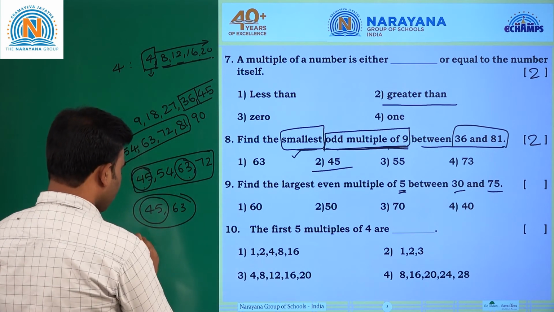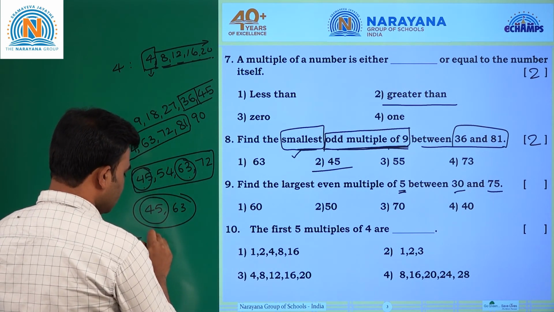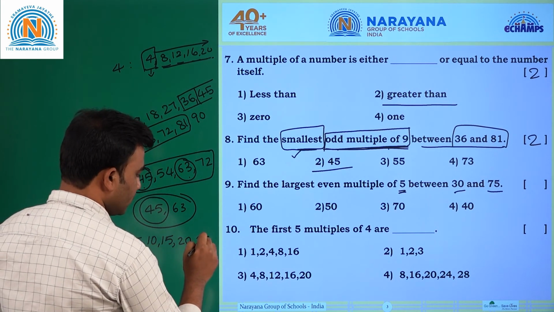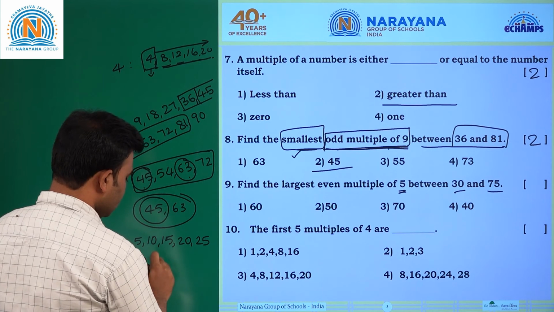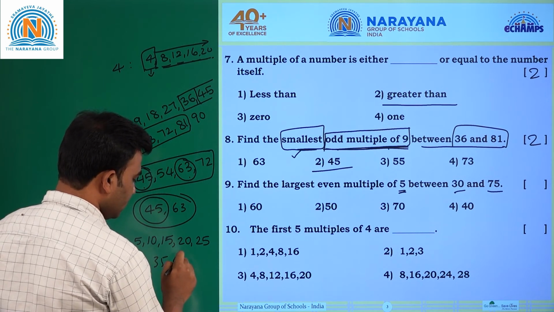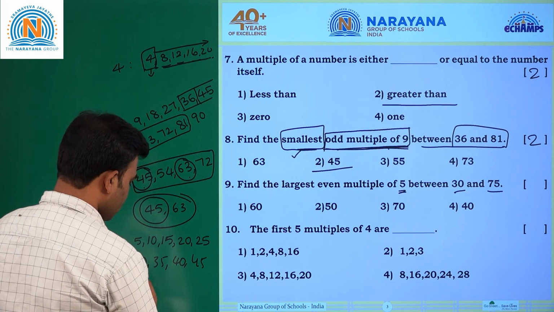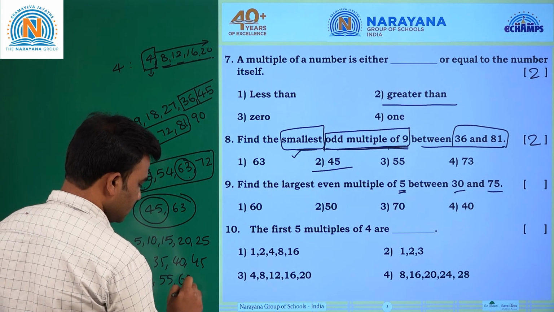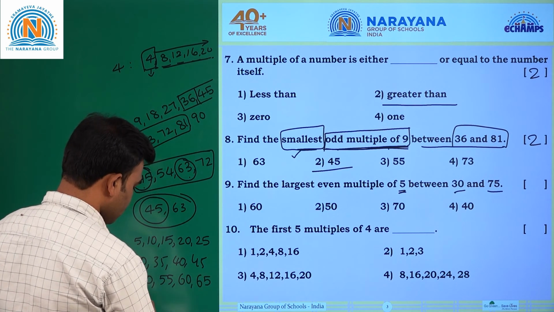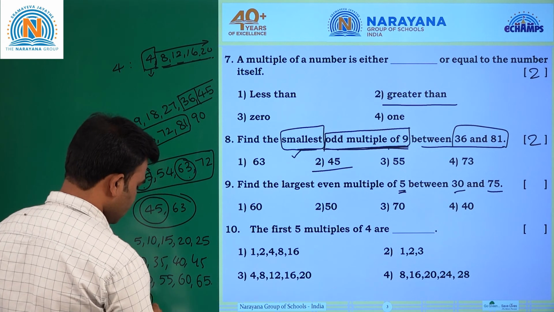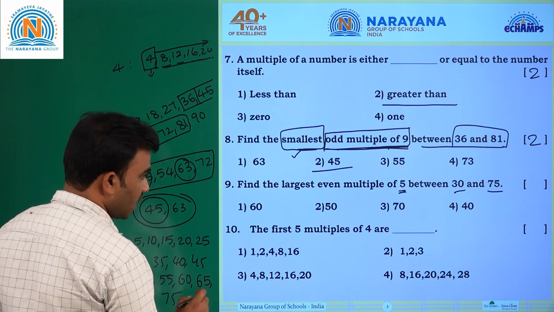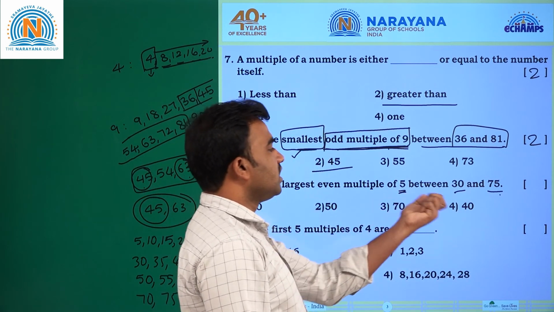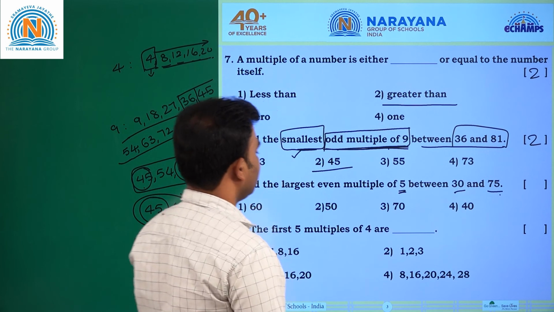What are the multiples of 5? 5, 10, 15, 20, 25, 30, 35, 40, 45, 50, 55, 60, 65 and 70, 75. Up to 75 is enough because we need only the multiples in between 30 and 75.